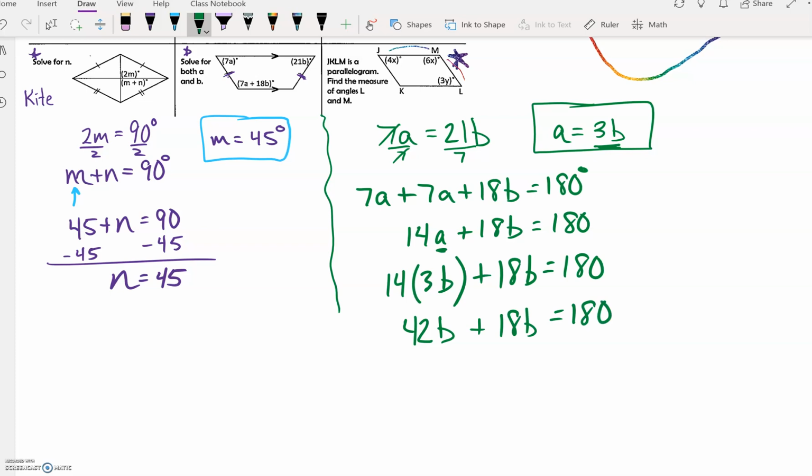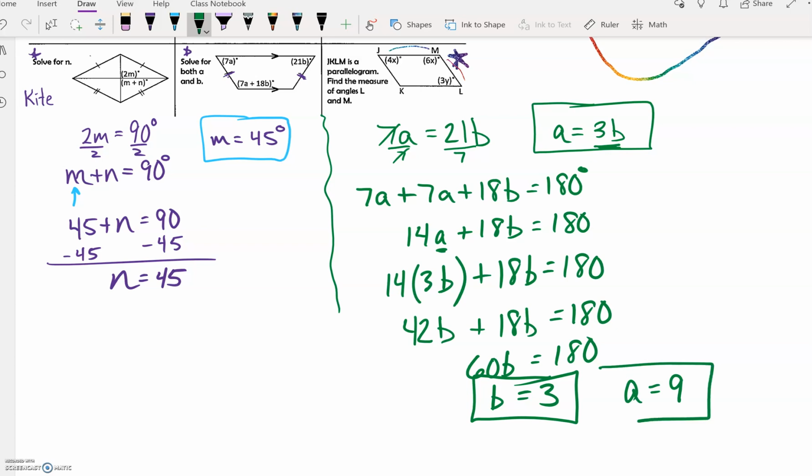And when I add these together, I get 60b equals 180, and as you divide, b is then equal to 3. So if b is equal to 3, and a is equal to 3 times the value of b, then we know a must be equal to 9. And you have solved your system.